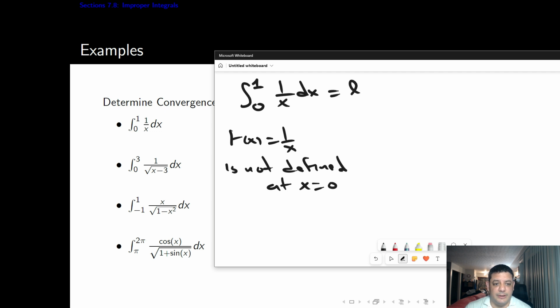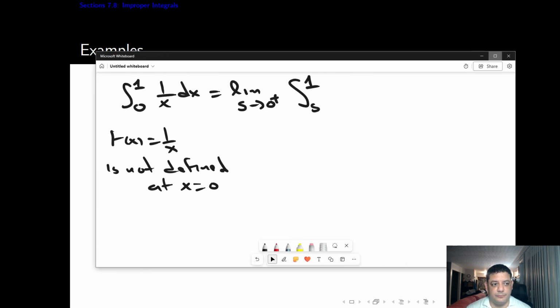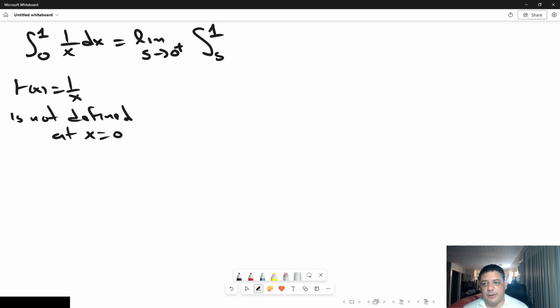So what we do is we take the limit when s goes to 0, and remember we're approaching 0 by the right side because we're in the interval 0 to 1. So if we're approaching 0, we can only approach 0 by the right side, and we have the integral from s to 1 of 1 over x dx.